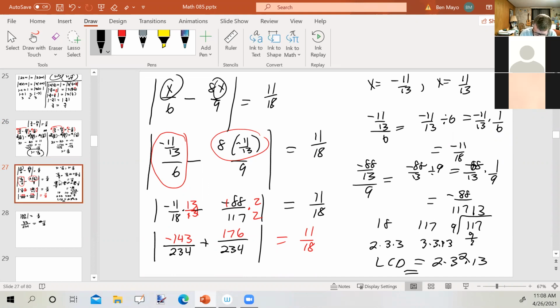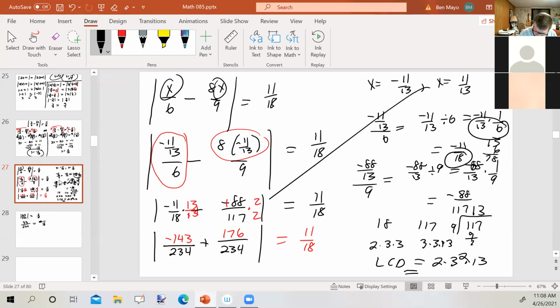So negative 11/13 divided by 6, negative 11/13 times 1/6 would be, oh my, right there. There was my mistake right off the bat. Is anyone there paying attention? You should have yelled at me. This shouldn't be 18. It should be what? Anybody? Actually, it'd be 78. 13 times 6 is 78, and I wrote 18.